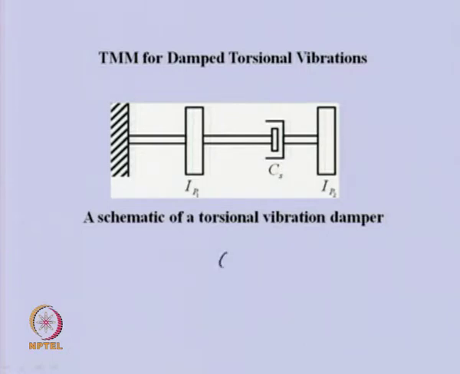So, Cs and the relative angular velocities at the two ends, where the dot represents the velocity. So, this will be the damping force for this kind of external damper.